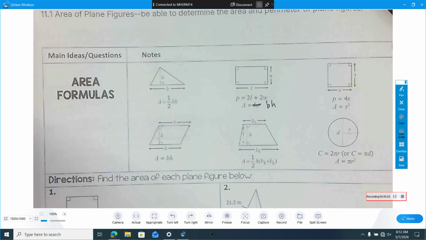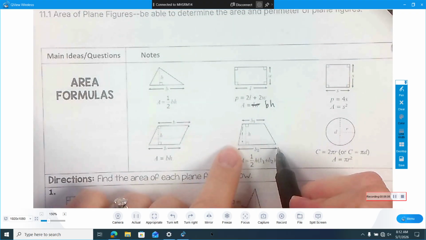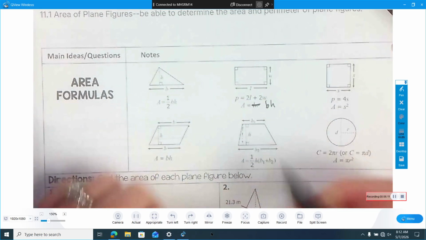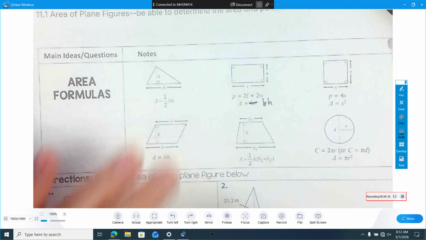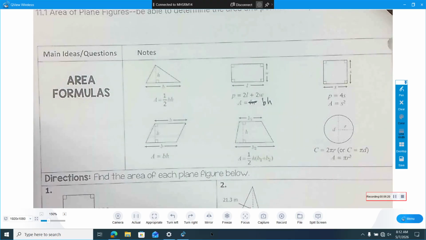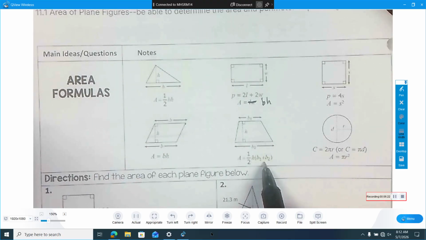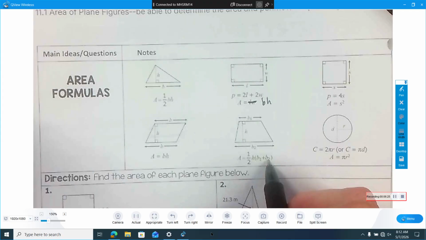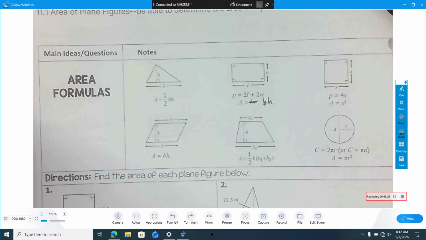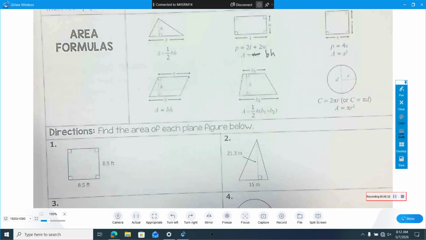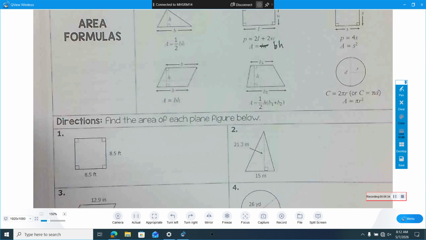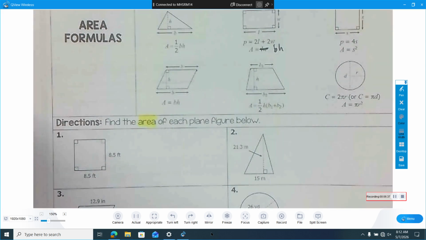But my base 2 is not as long as it was before, because I flipped it and moved it up here. So it got a little bit shorter and the other one got a little bit longer, so it's like averaging out the bases. That's why it's base 1 plus base 2 divided by 2. But we don't care. We're just going to use the formulas. Please read directions. This is the most important part. We want to be able to find the area of each plane figure.